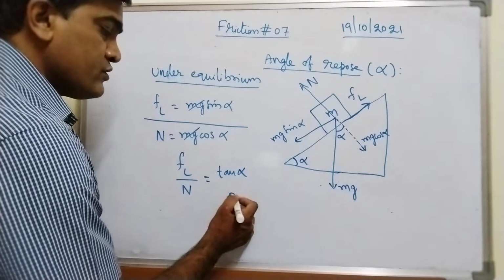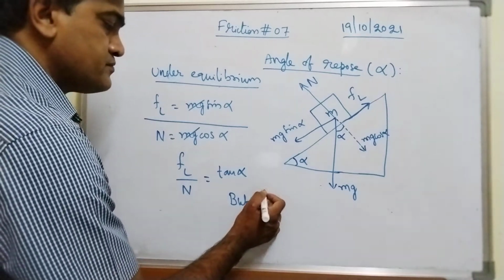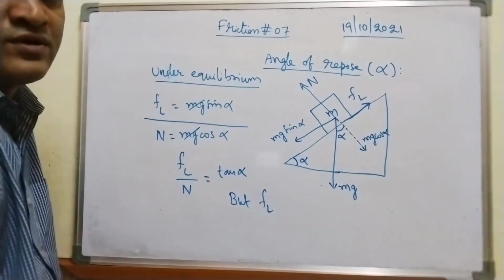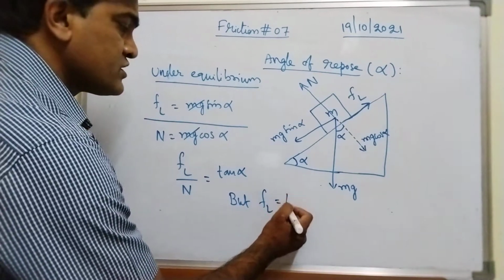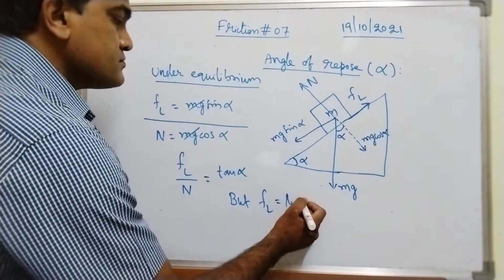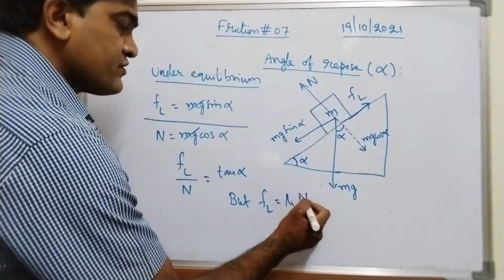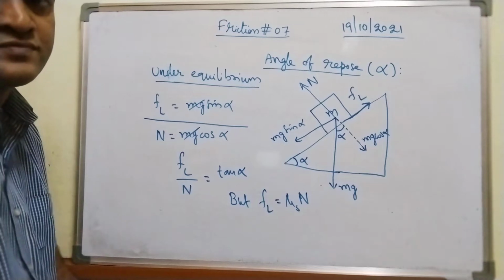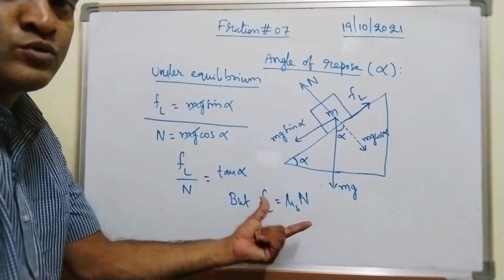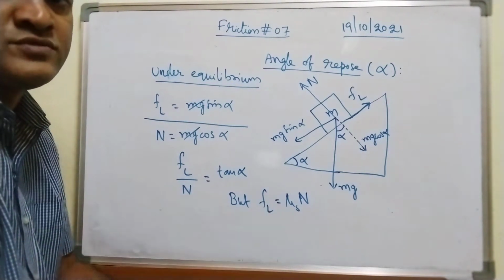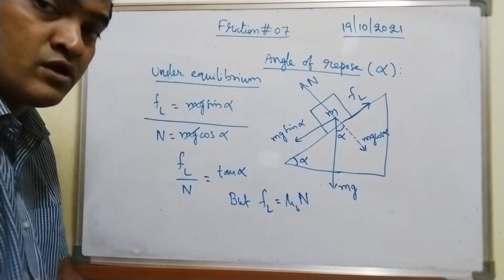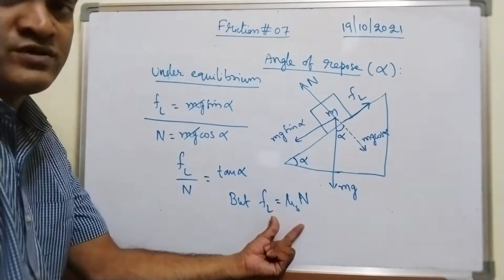But if you recall, the formula for limiting frictional force is: limiting frictional force is equal to coefficient of static friction multiplied by normal force. This is the formula to be remembered. Don't remember mu s into mg; mu s into mg is not always true, but this is always true.